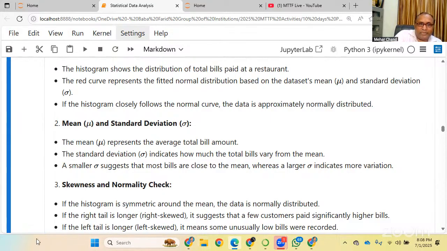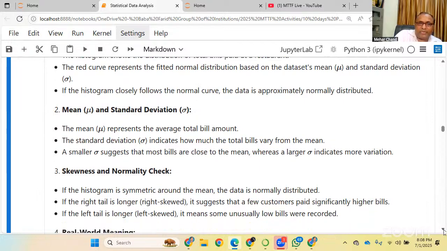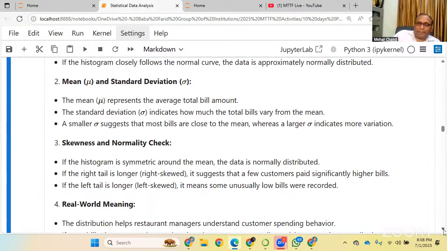And also you can check from skewness and the normality check. Okay, for that we must have some basic information about skewness. Okay, yesterday we discussed skewness. If the histogram is symmetric around the mean, the data is normally distributed. And if the right tail is longer, it is right skewed, which suggests that a few customers paid significantly higher bills.